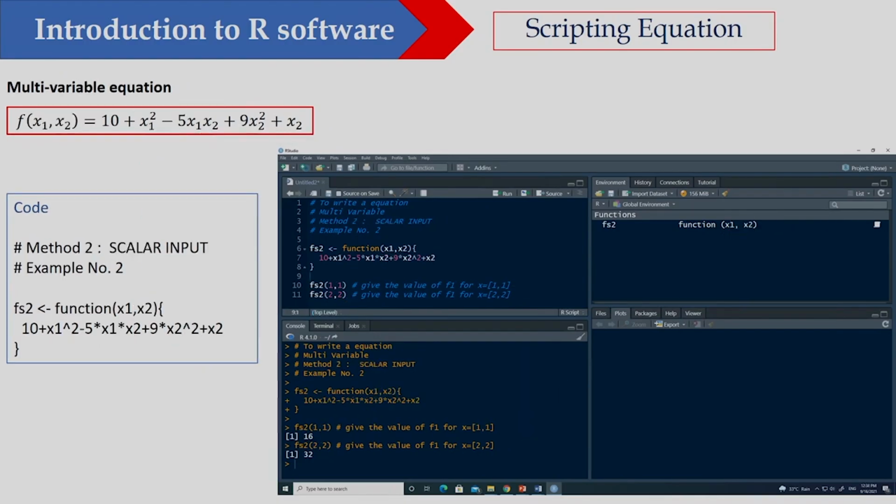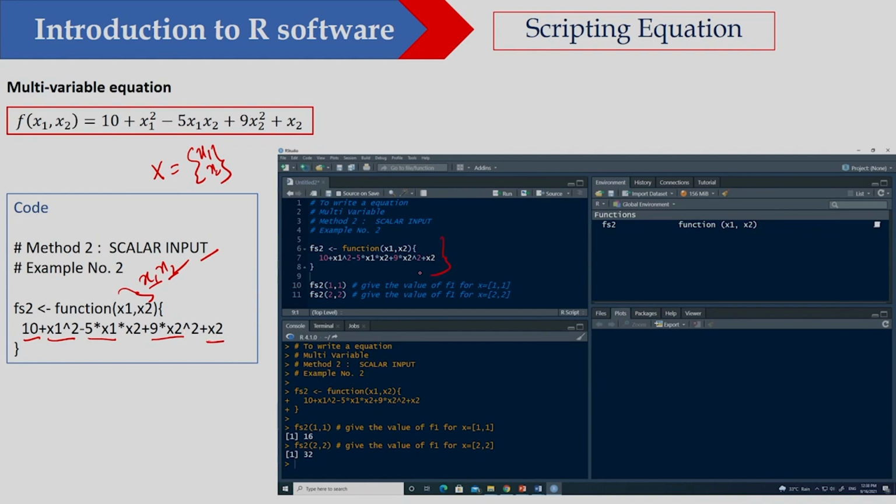Now, I can also give scalar input. In this case, in the function itself, I am writing x1 and x2. In the earlier case I defined it as a vector which contains x1 and x2, but in this case I am actually giving the arguments x1 and x2 here. So, I can write 10 plus x1 square minus 5 x1 into x2 plus 9 x2 square plus x2.